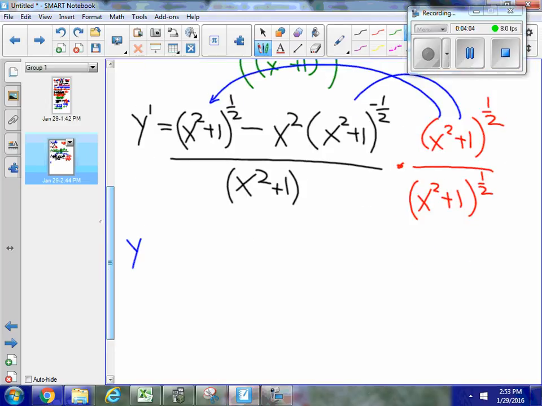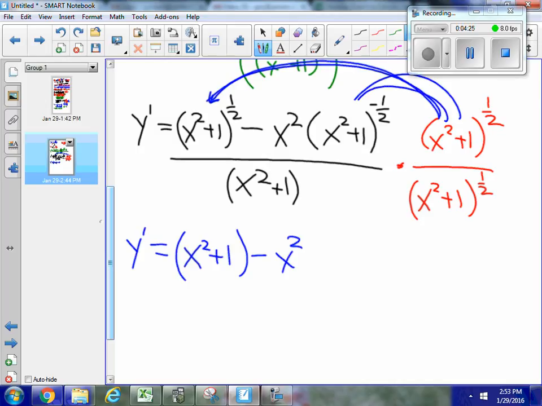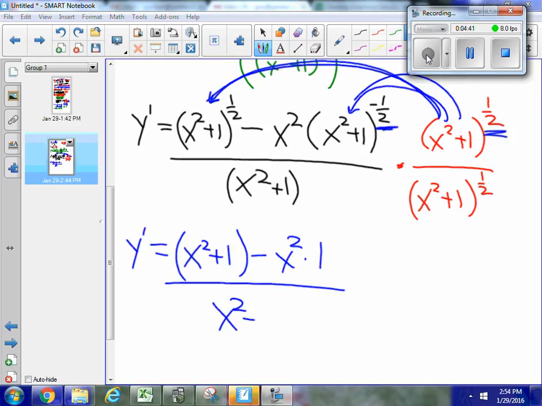It's going to be y prime is equal to, now I'm going to do that first multiplication right here, distributing that, and it's just going to become x squared plus 1. And then I'm subtracting x squared. Well, now this times that, as I said, is going to be x squared plus 1 to the 0, because negative 1/2 plus 1/2 is 0. So that's just times 1. And then in my denominator, I'm going to have x squared plus 1 to the 3/2.